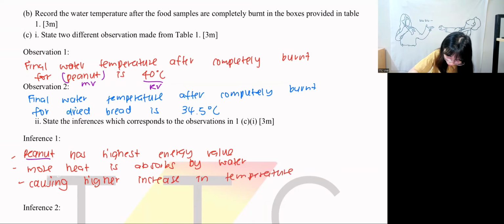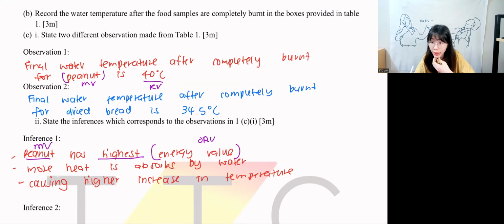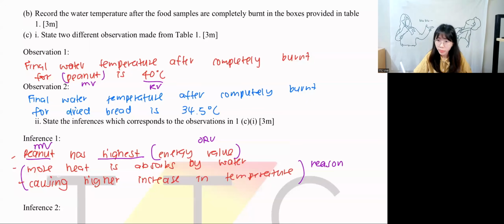So we have MV, RV, highest or lowest. Usually we use highest, lowest. Greater is also a correct answer, but we use highest or lowest. And then this is your reason. You can also write increase in temperature of water in boiling tube, also correct. Don't know whether to write or not, just write, guys. Increase in temperature of water in boiling tube. Then your answer is perfect.